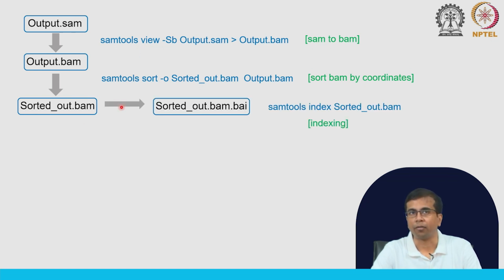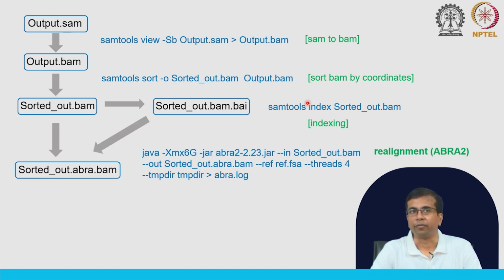Once we have this sorted_out.bam, we also generated this index file. We will see why this index file is important. This is important also for visualization. So, sorted_out.bam.bai, we use the command samtools index sorted_out.bam. So we are creating this index file for this sorted_out.bam file.